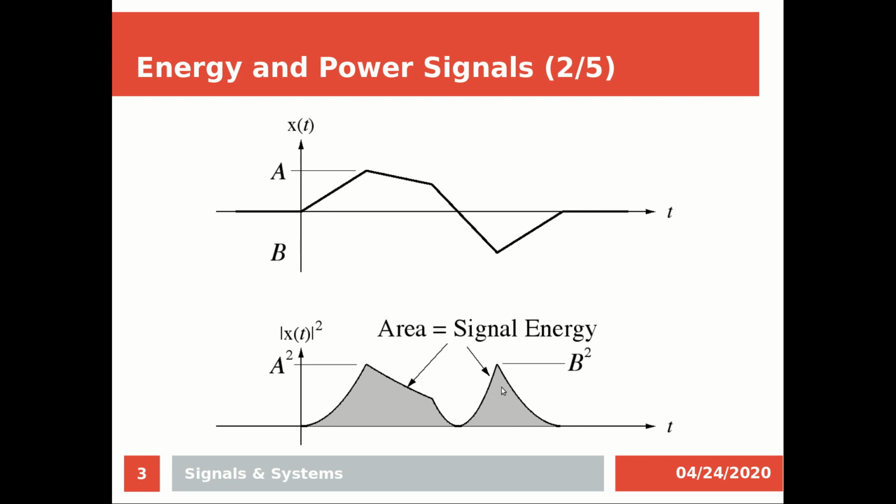So this is the square of the signal, and then we take the area under this signal. That's why we take the integral, or in discrete time we calculate a summation, summing all of the signal points over n, calculating the gray area that you see under the signal energy.